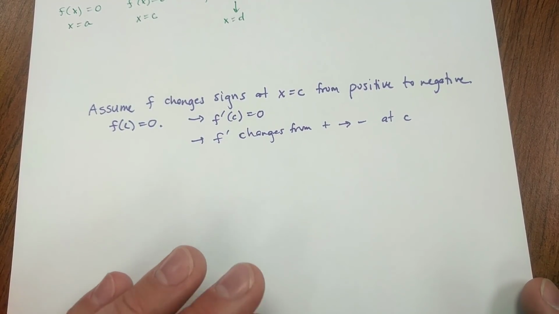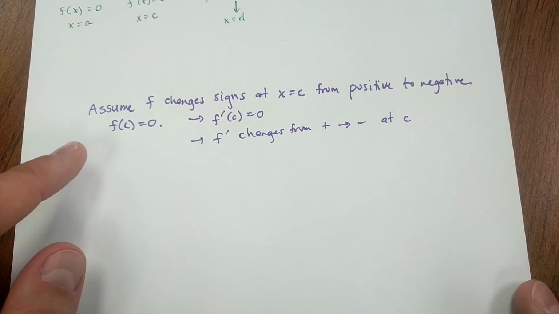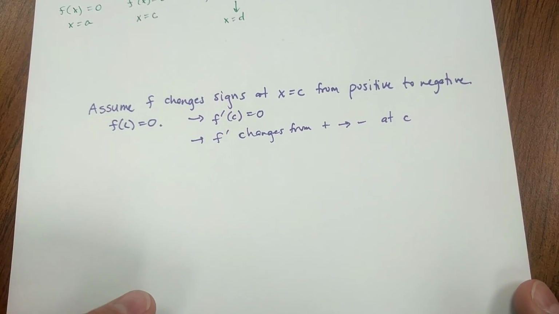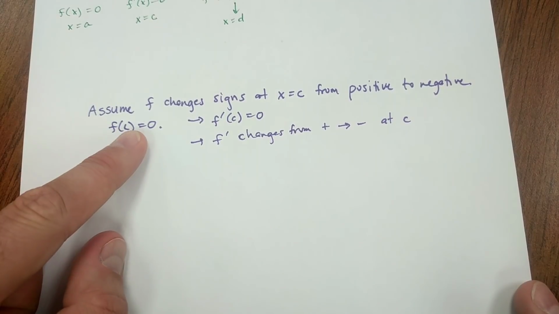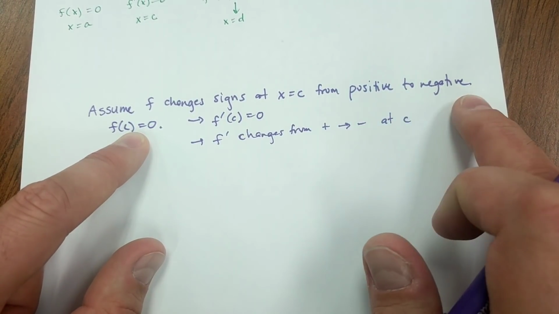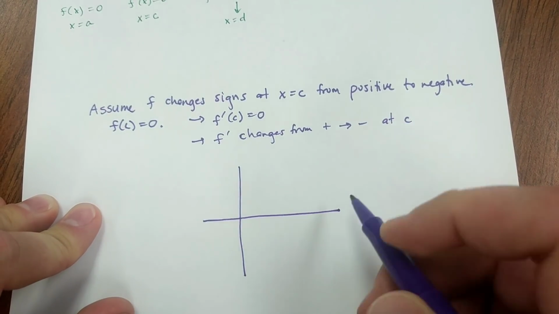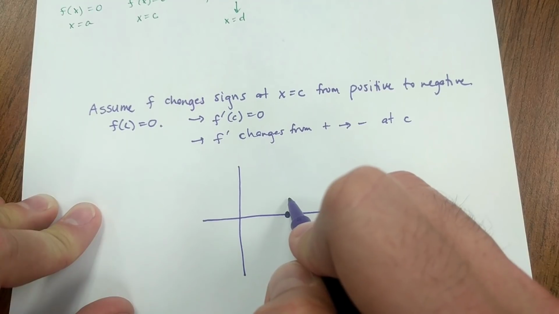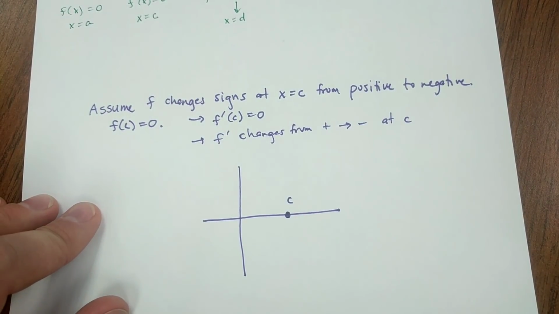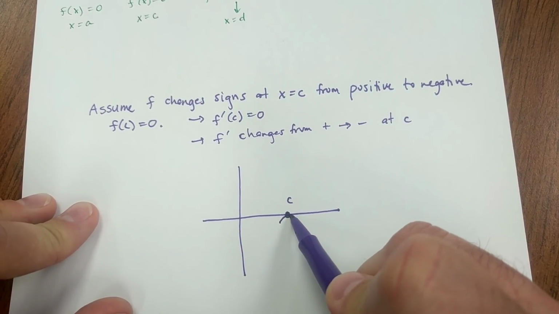That means we're trying to think about a function f that has a local maximum at an x-intercept in which it changes signs. Let's try to draw this and see what our brains tell us. So here it is, there's c. I know it's a local maximum, so it's got to be like this, right?